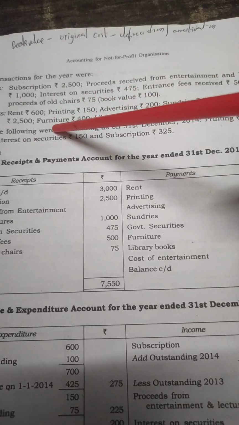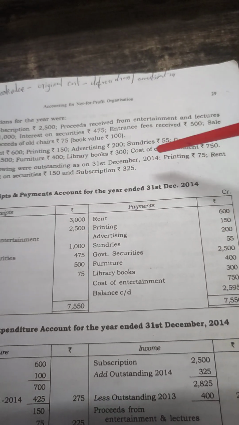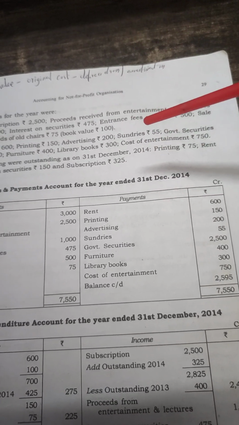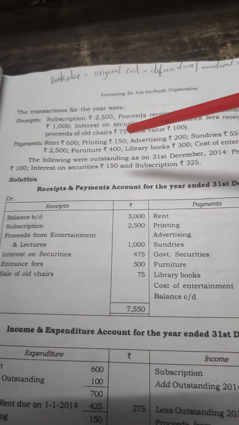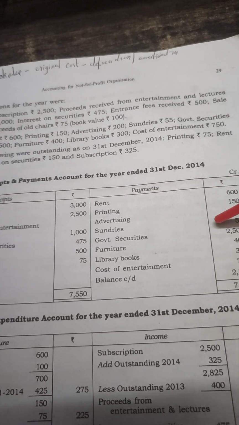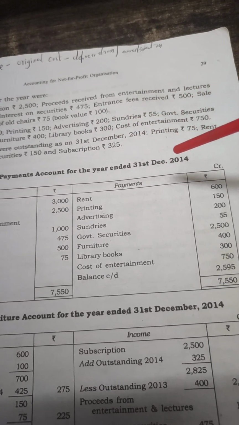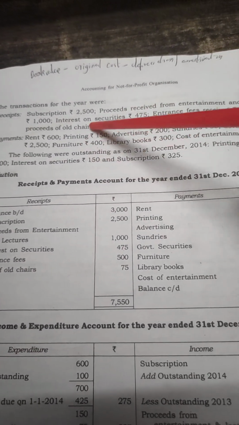So the rent is 600. Then printing 150, advertisement 200, sundries, any other extra expenditure, 55. Then government securities 2500. Then furniture 400, library books 300, cost of entertainment 750. No other items are given.